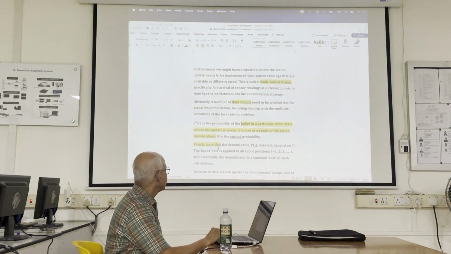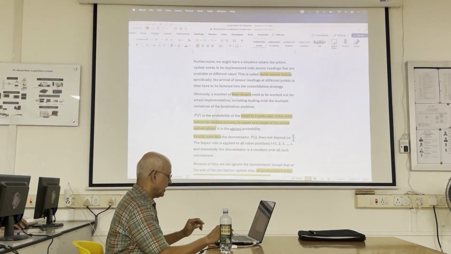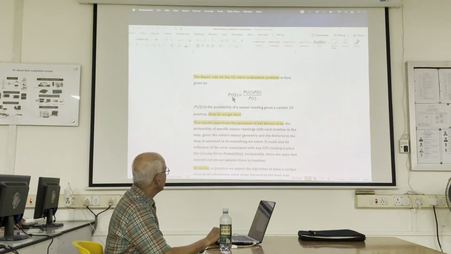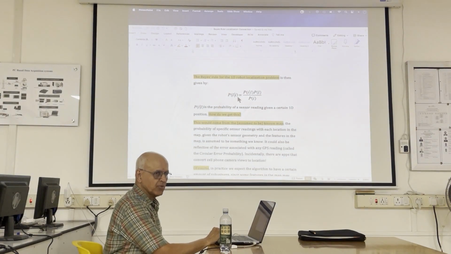Finally note that the denominator P of L does not depend on L. So essentially what I was saying was, if you can evaluate the left-hand side for all possible values of I, you should get 1.